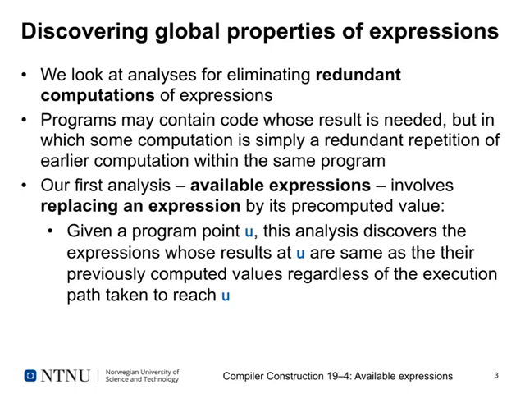So we know we have an expression at this program point, and we know we have the same expression at a previous program point in the execution of our program, and we need to make sure that the values of the variables making up these expressions haven't changed in between, so the intermediate result still is the same. And this has to happen regardless of the execution path taken to reach u. So now we have to consider all execution paths that are available to reach our current program point u.